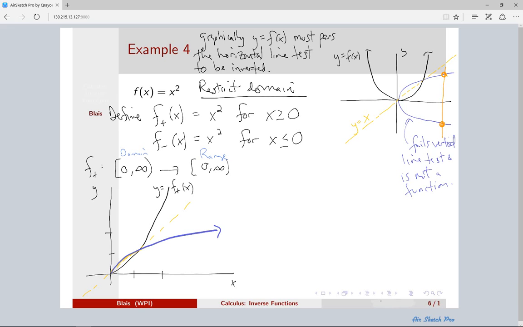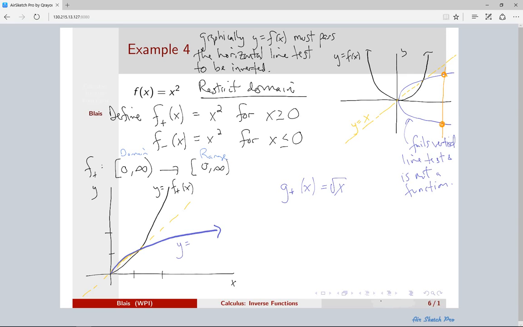And you could probably guess what this function is. g, we could call it g plus of x. It's just the square root of x.